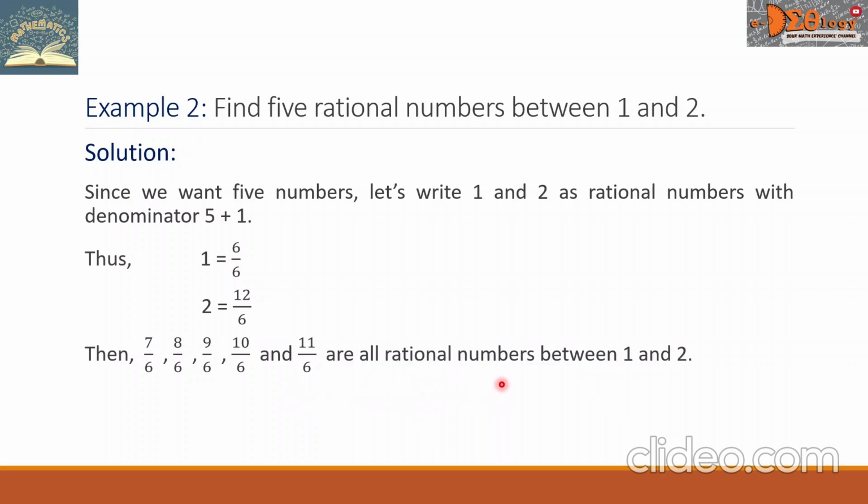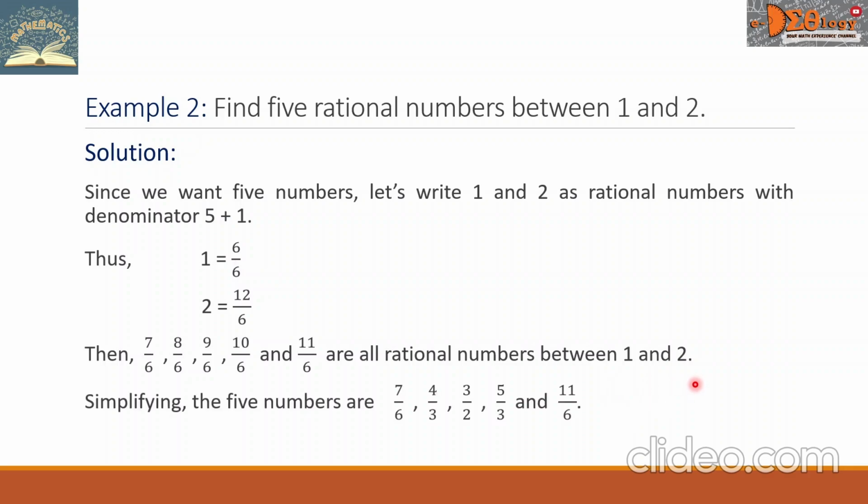These are all rational numbers between 1 and 2. When we simplify the fractions, we have now 7 over 6, 4 over 3, 3 over 2, 5 over 3, and 11 over 6. These are the answers.